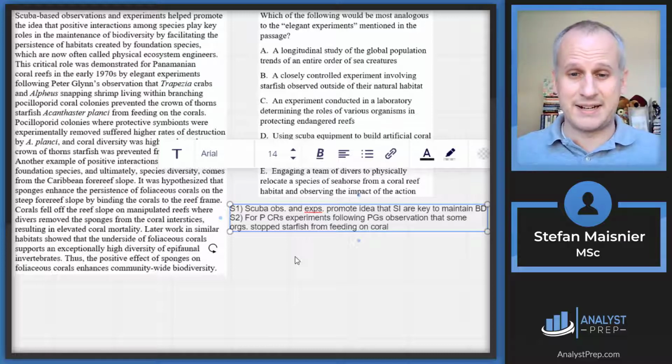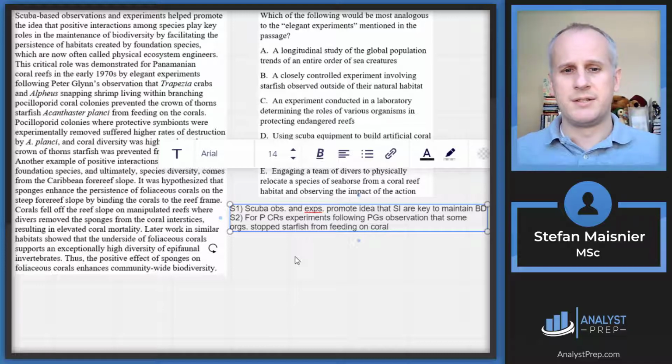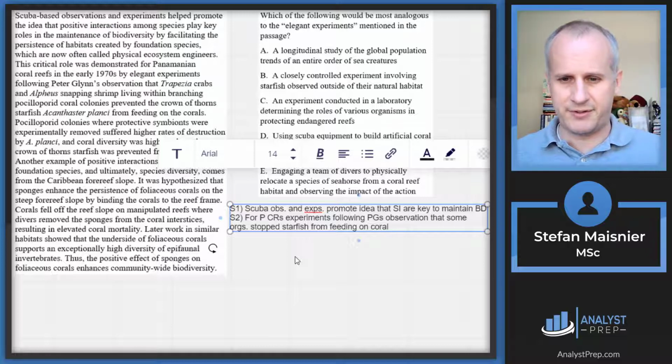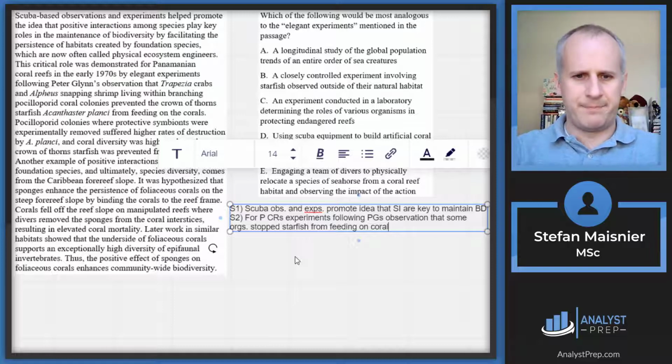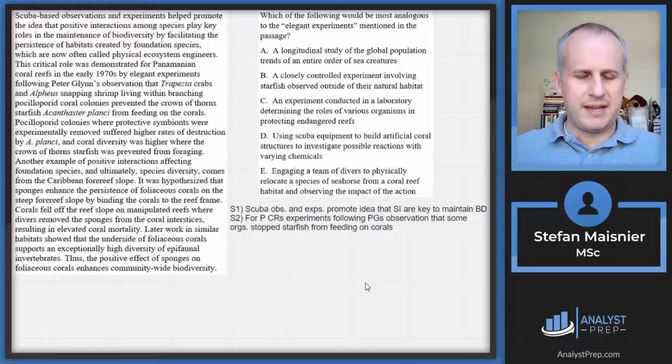So we just break it down into that piece, right? So we've got some level of experiments that are coming after this observation that some organisms stop starfish from feeding on coral.